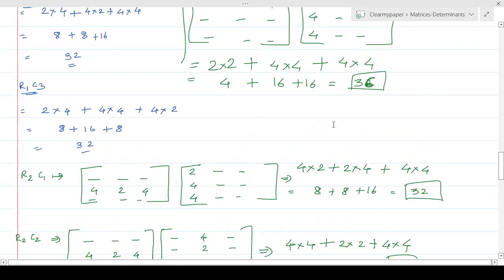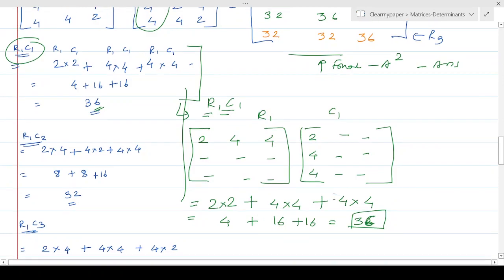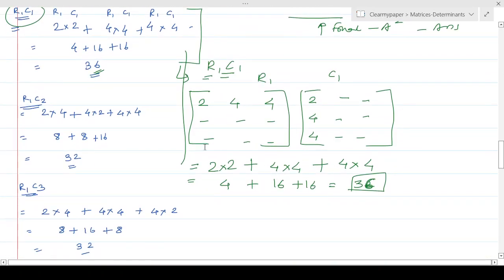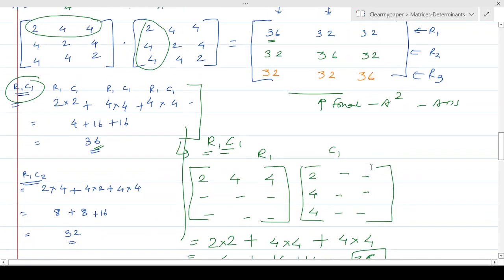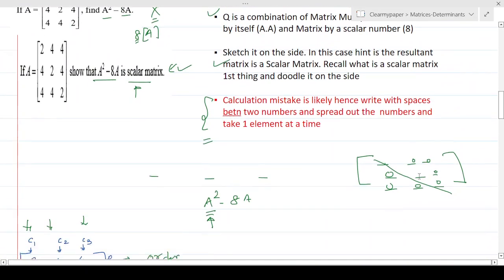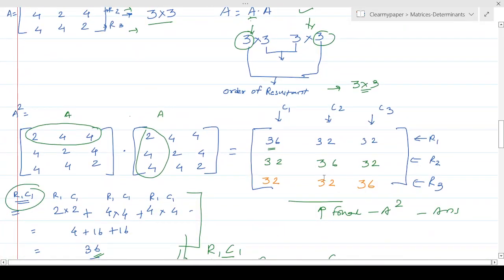So pick up the problem in the right format, space it out nicely, write only what is required. Don't confuse and pick up the wrong rows and the wrong columns, and make sure that as you fill your boxes and approach your answers, you know on the way that it's a scalar matrix. The numbers should add up. Don't keep on computing without noticing the numbers. There is a pattern coming here.